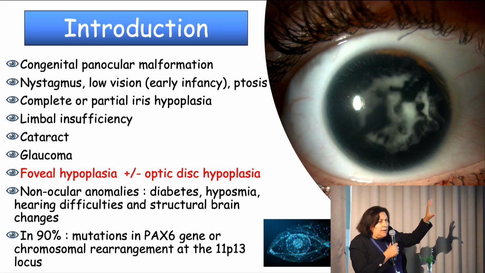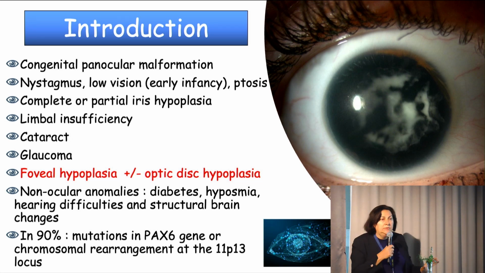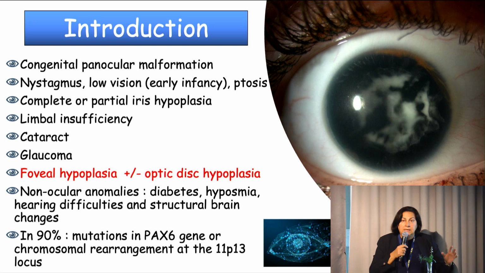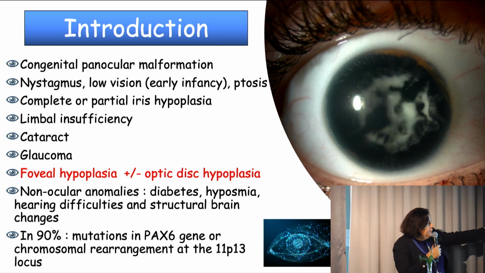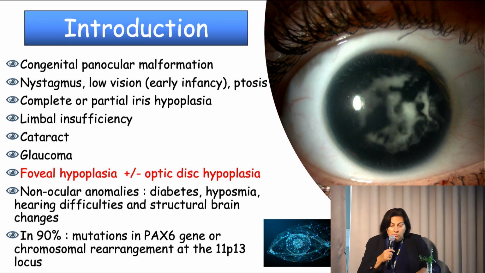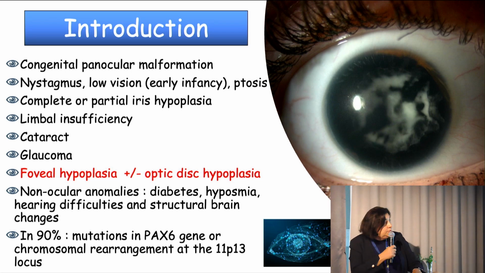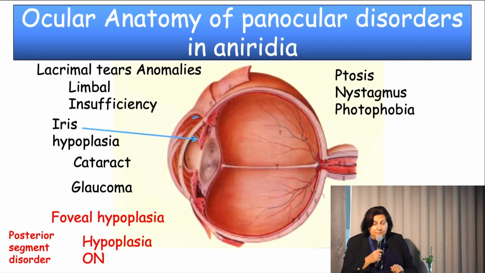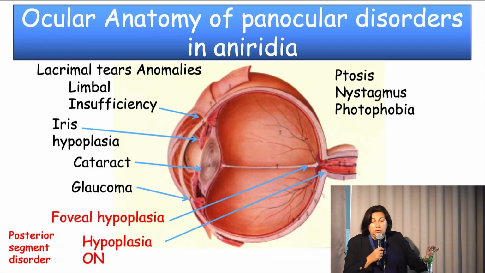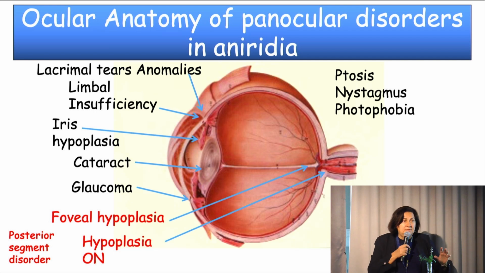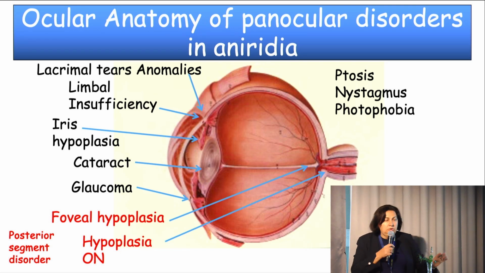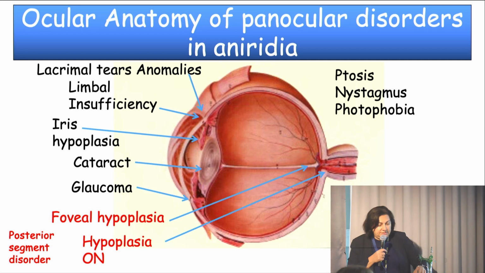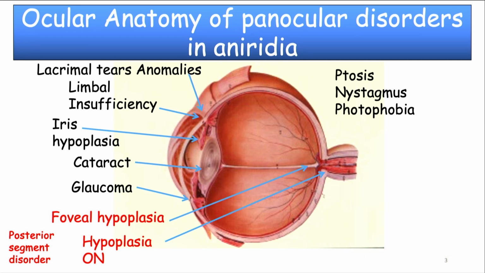I will not come back to all the features we can find, but we know foveal hypoplasia and optic disc hypoplasia, but we don't know more than this, and so that's why we did some studies. It's a panocular disorder, and we talked yesterday about syndrome or spectrum, but for sure, this is a panocular disorder and associated with systemic disease also.